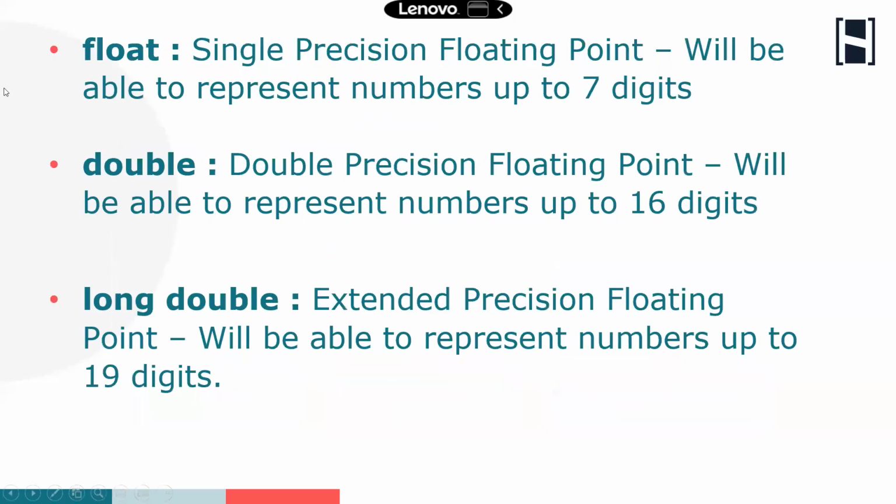For float, we call it single precision, and it can represent up to 7 digits of numbers. When I talk about double, as the name suggests, double precision, it can hold up to 16 digits of numbers. Long double, even in some compilers, has the capacity to store up to 21 digits of numbers.